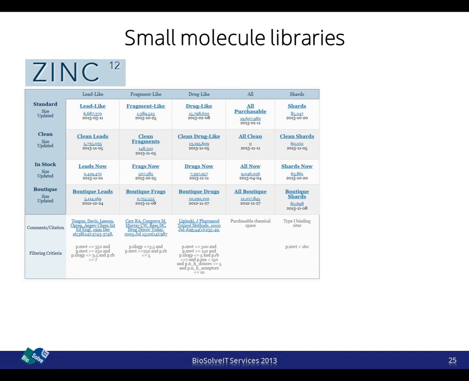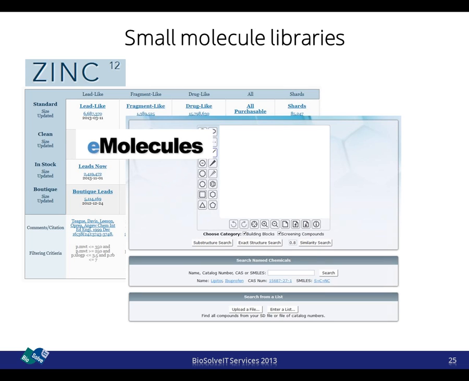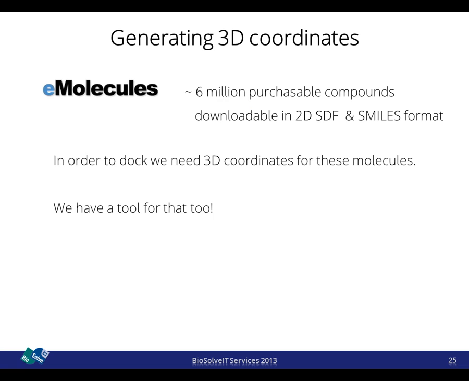You've got drug-like, lead-like, fragment-like. What I tend to use is one called eMolecules. It's about 6 billion molecules, all of which should be commercially available, and they're purchasable directly via the eMolecules website, so it really facilitates customer purchasing. It makes things nice and smooth.